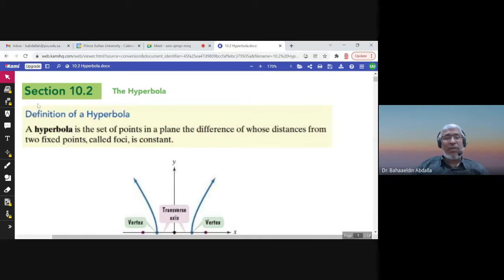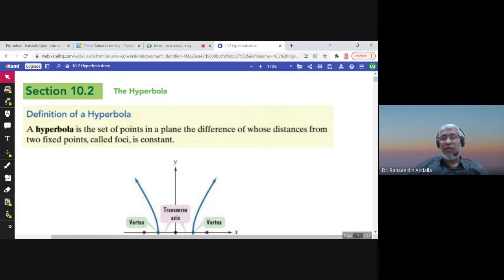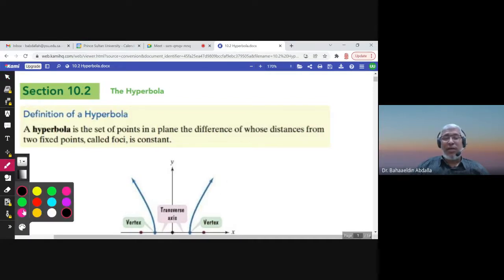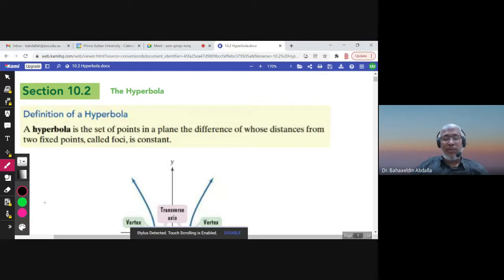that the definition of the ellipse was the same definition, but instead of the difference, we had the sum.